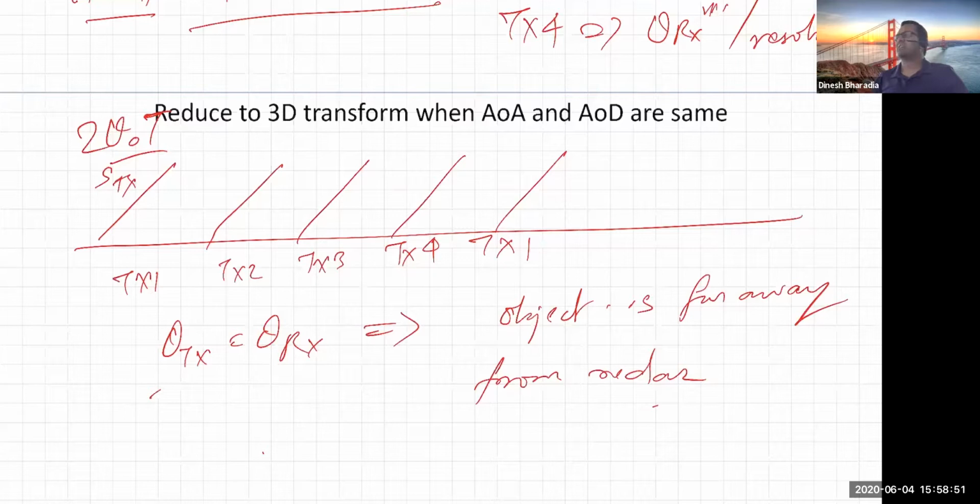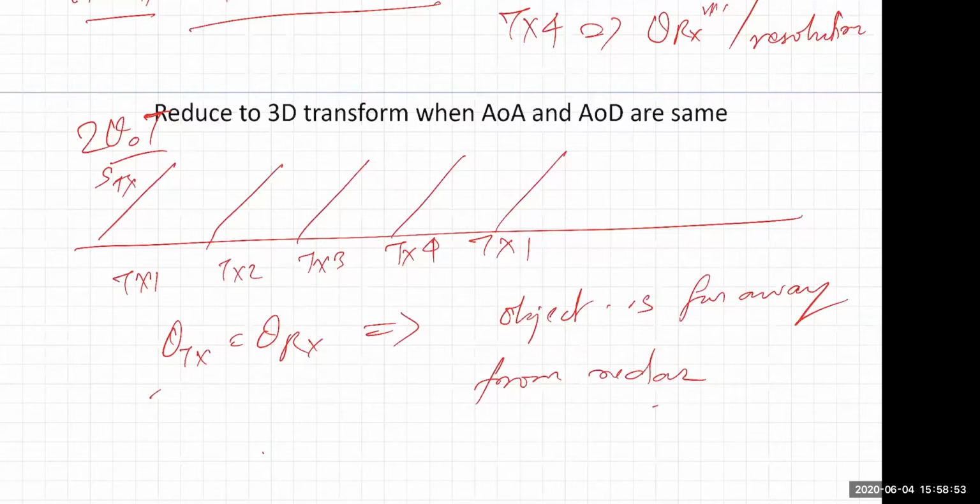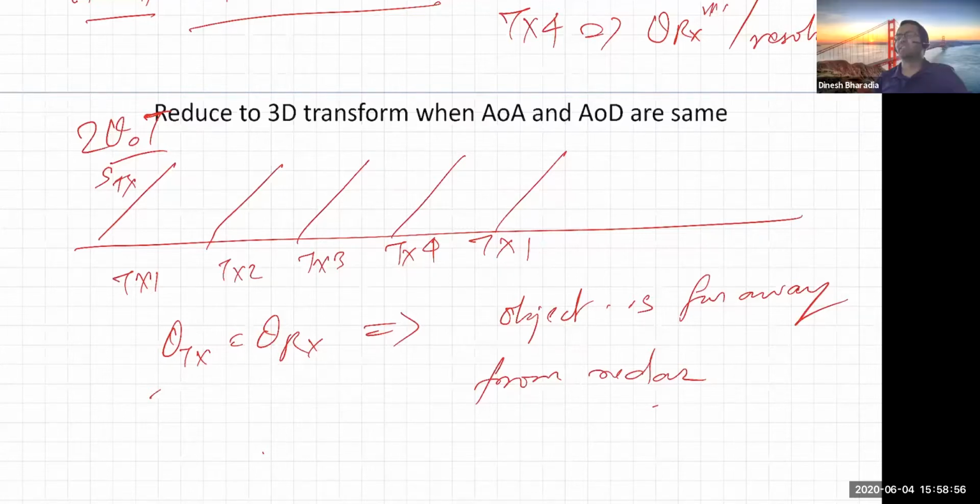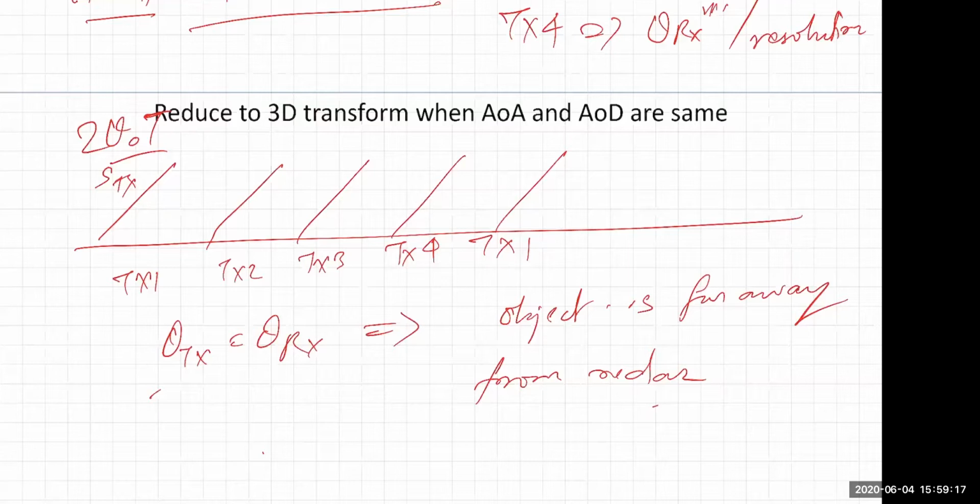Helena, ideas? Let's say the person is stationary, and theta tx equals theta rx. How would you improve on the resolution here? Keshav? Thoughts? Some random thoughts at least.